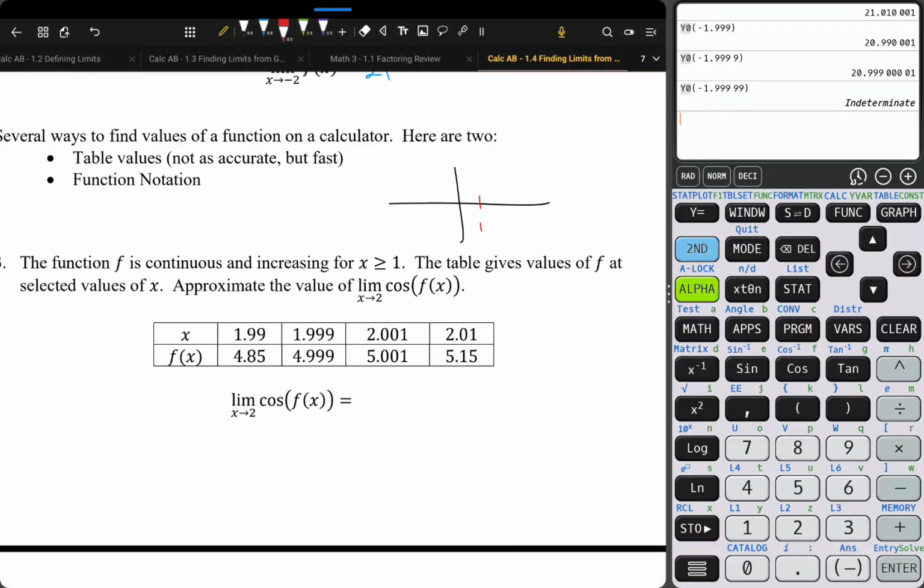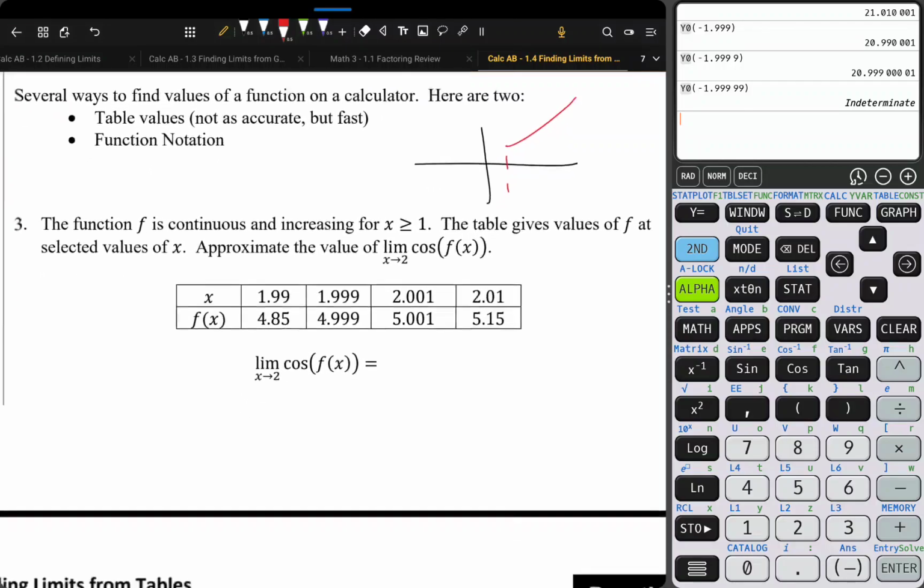Right, here's 1. It's increasing, or it could be doing this, or it could do this. If it's not continuous, we could have a hole, but we know it's increasing and continuous, so it's always going to go up. Okay?